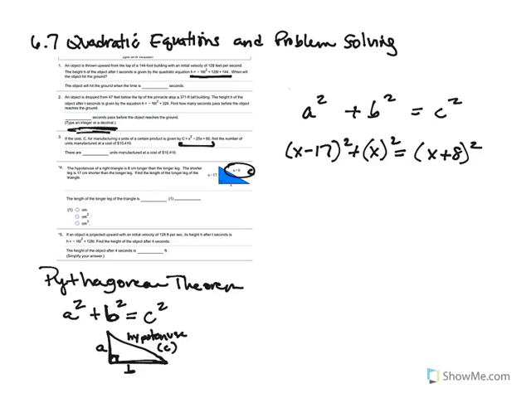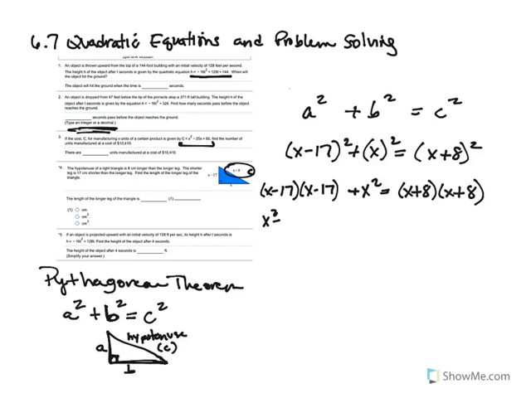Okay? So now we're going to work through this problem so that we can solve for x. First we have to multiply all of this out. Don't be lazy. You have to write it out. x minus 17 times x minus 17. I'm going to multiply all this out.